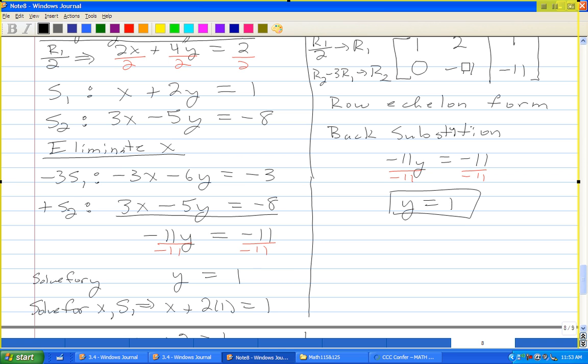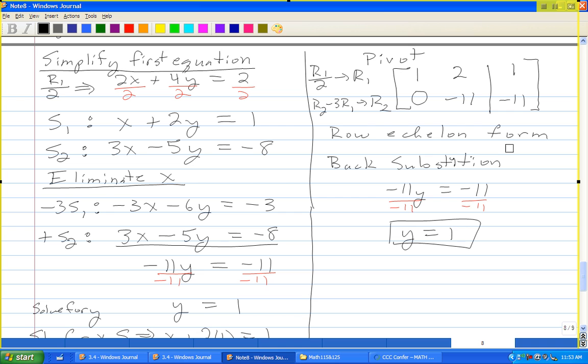And now, to back substitute, it says plug that answer into the previous row. And so let's look at the previous row. 1x plus 2y equals 1.